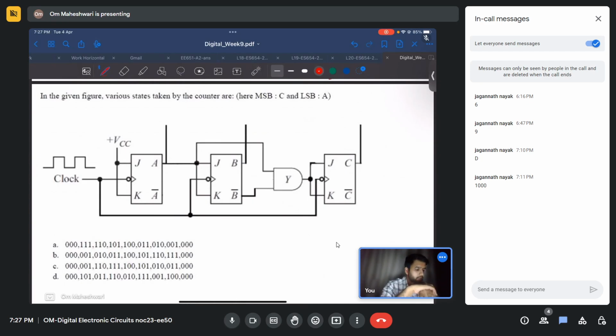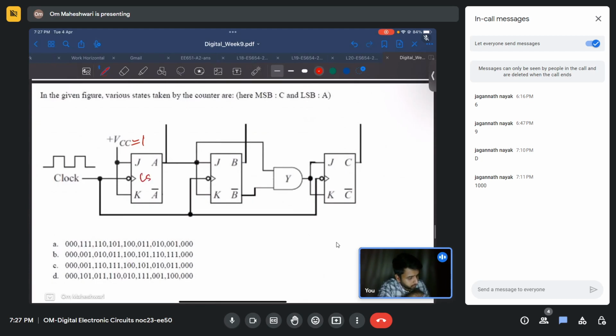In the given figure, various states taken by the counter are, okay, VCC means 1. So again, same thing we need to find. This is LSB, this is LSB, JA KA, JB KB, JC KC.